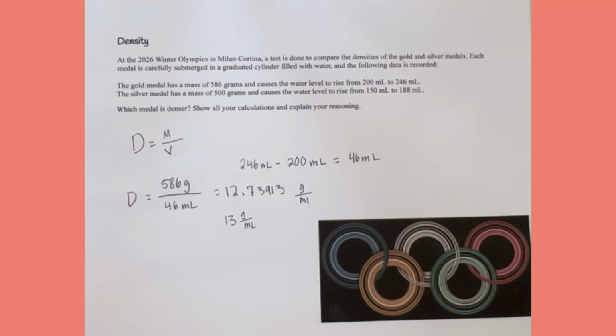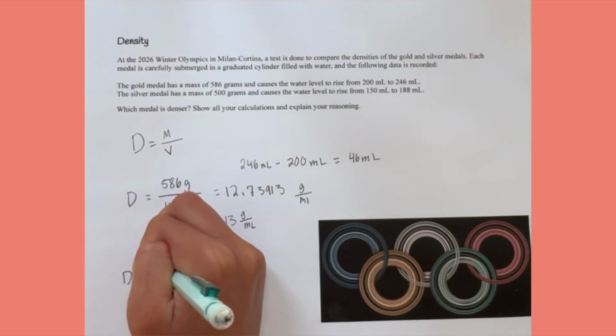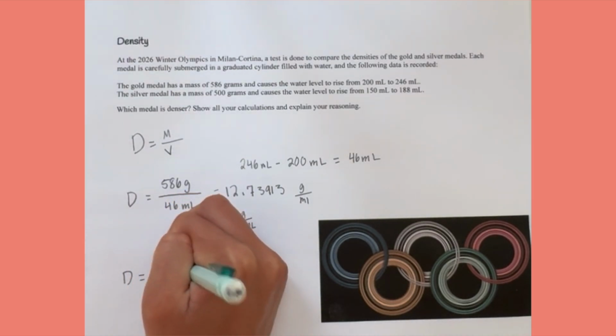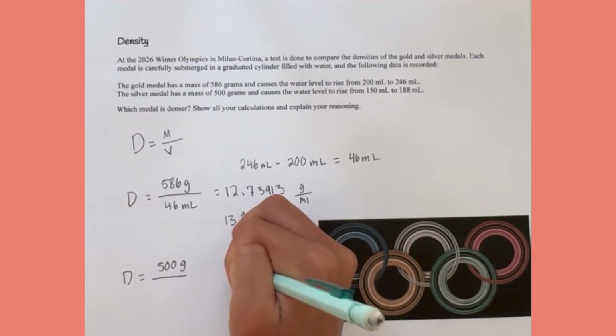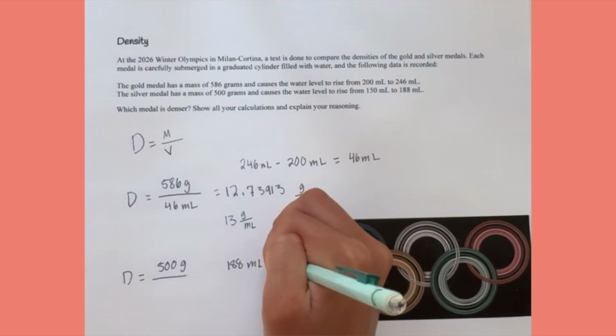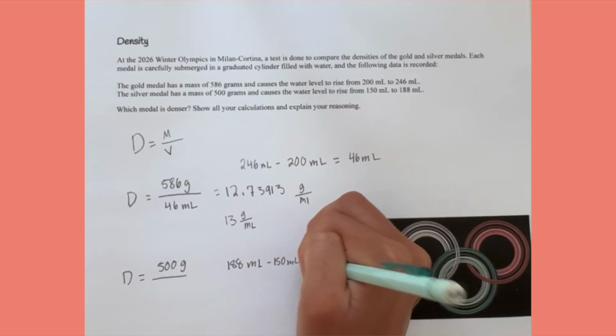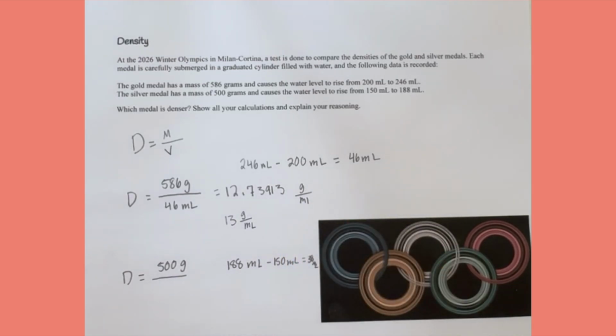But what about the density of the silver medal? Same thing: density equals 500 grams over 188 milliliters minus 150 milliliters, which equals 38 milliliters.